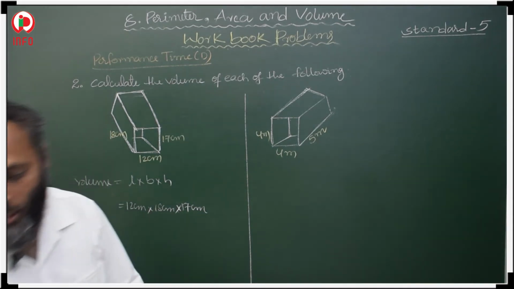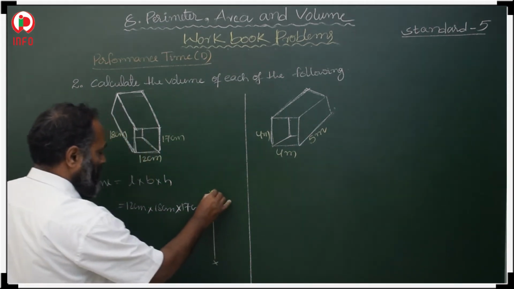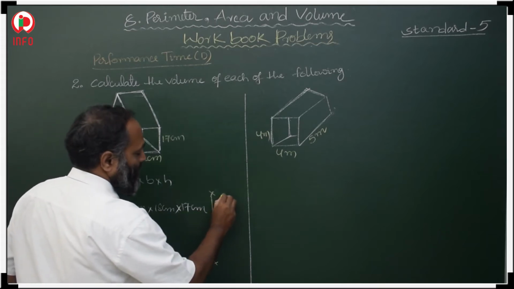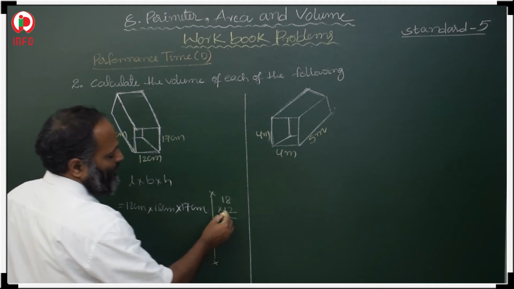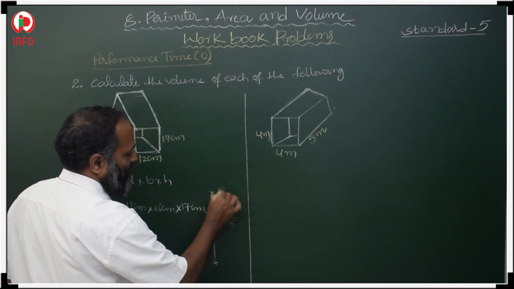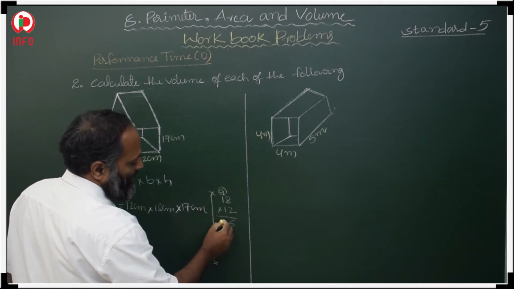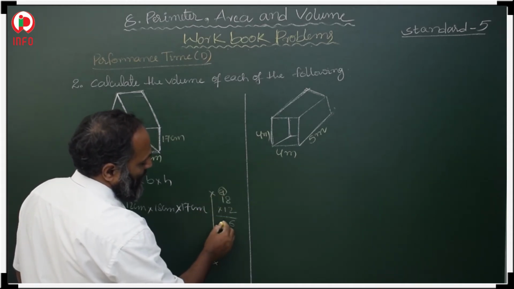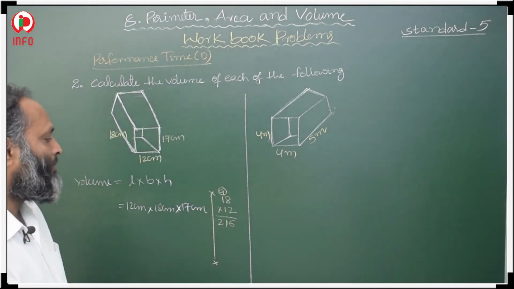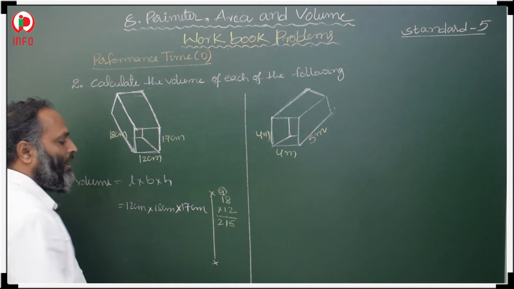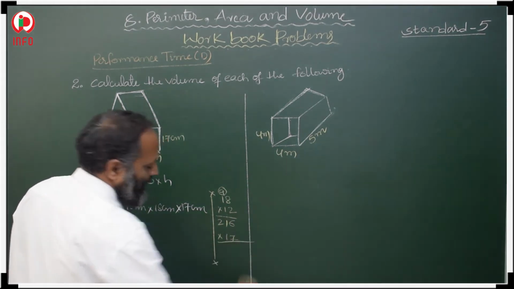Now, we have to multiply 12 with 18. 18 into 12: 12 8s are 96, and 12 ones are 12, 12 plus 9 is 21, so 216.